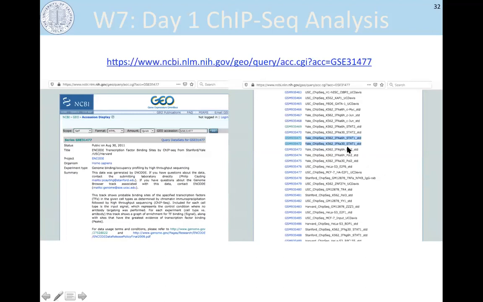So we are going to download these ChIP-Seq data sets in K562 cells, where these cells were treated with interferon alpha for 6 hours, and then STAT1 ChIP-Seq was performed, and interferon alpha treatment for 30 minutes, followed by STAT1 ChIP-Seq.